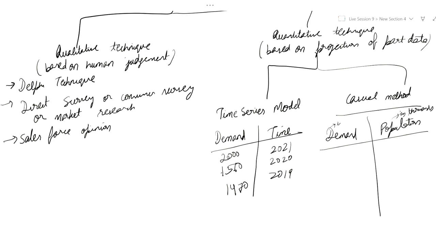Suppose demand is in hundreds. Demand is 400 for a population of 30,000. Demand is 300 for a population of 27,000. This is the Cashman method.